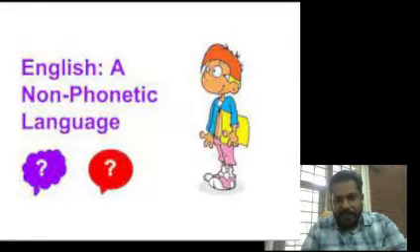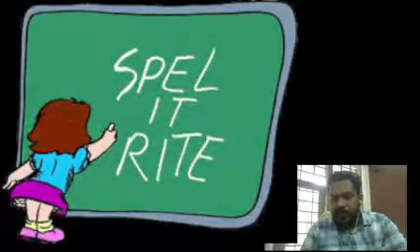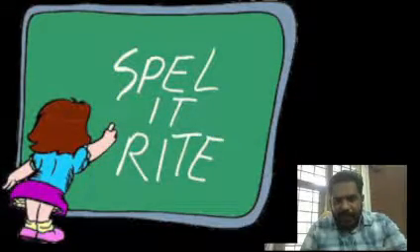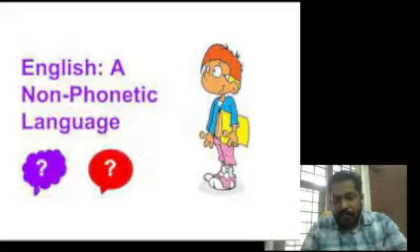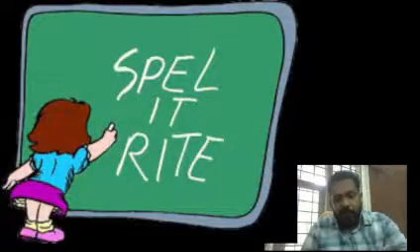That means in English, the same letter can represent different sounds. The same letter S represents four different sounds in four different words: S in sit, Z in music, sh in vision, and zh in measure.